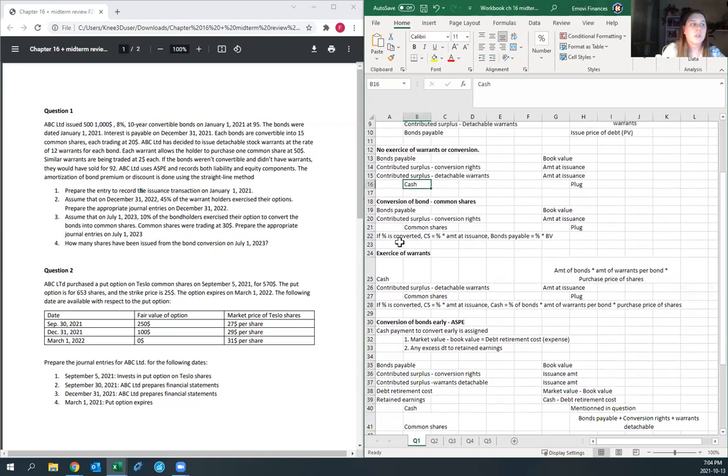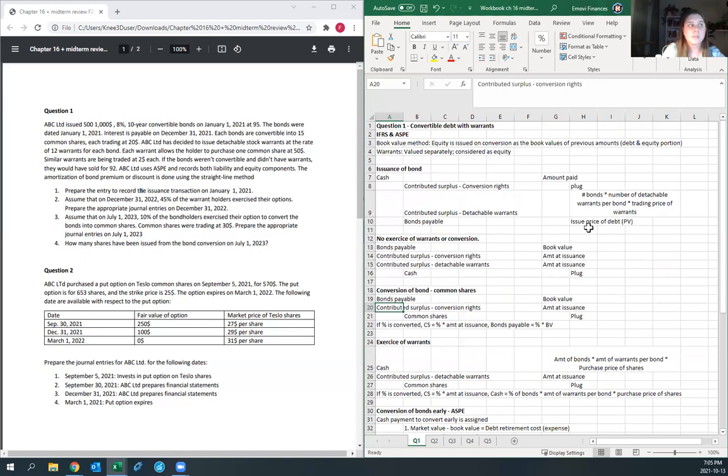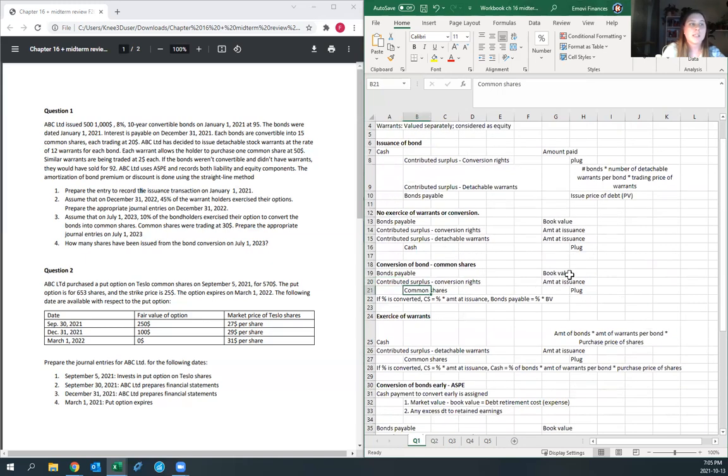If there is a conversion of the bonds, let's say into common shares, which is most likely what's going to happen on your exam, your bonds payable are going to be debited at their book value at the date of conversion. You're going to have your contributed surplus conversion rights, which is the same amount as issuance. And common shares is basically just the sum of the two amounts.